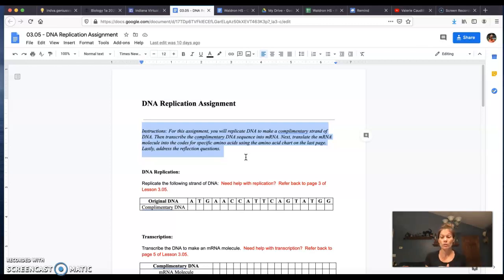So say we have mitosis or meiosis going on, we need extra copies of DNA. We're making new cells, so we need more DNA. And you hopefully remember that in the interphase stage back in some of our previous lessons.